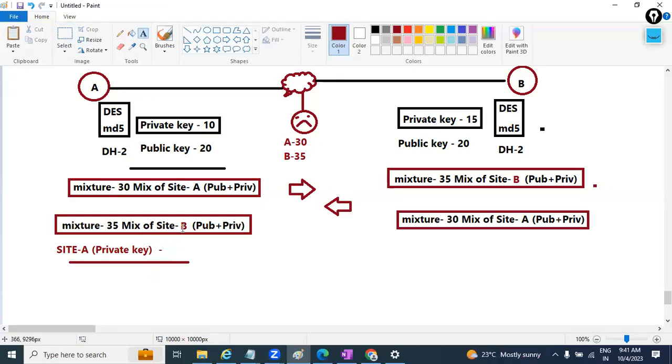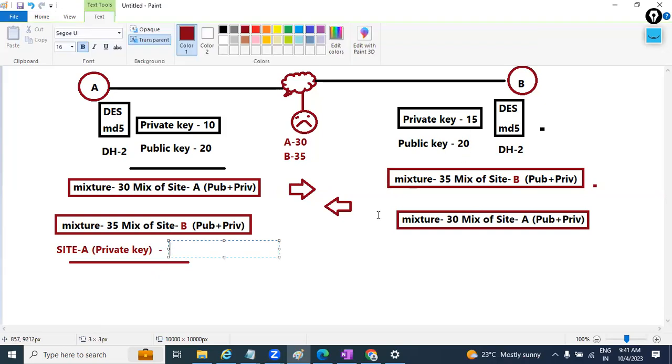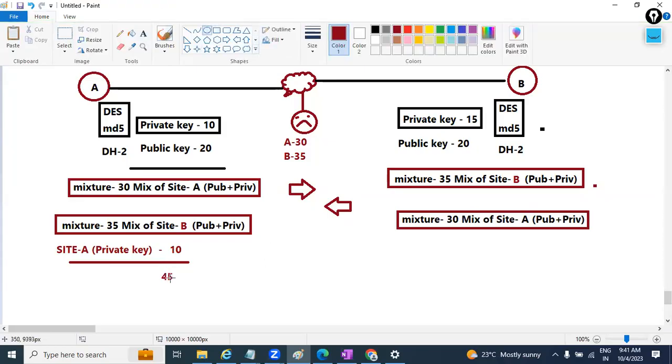So 35 plus 10 would become what? 45. This is the final calculation.